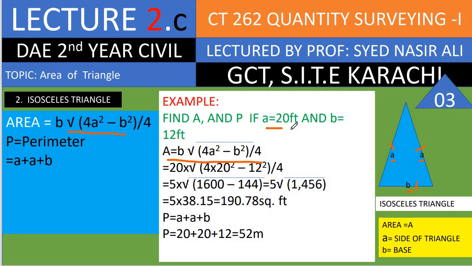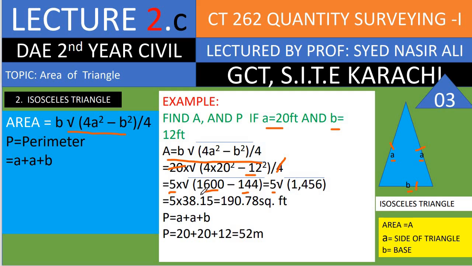Put the values of a 20 feet and b is 12 feet. 4 into 20 square is 1600, 12 square is 144, upon 4. Just 4 ones are 4 and 4 fives are 20, and we get 5 under root 1600 minus 144.